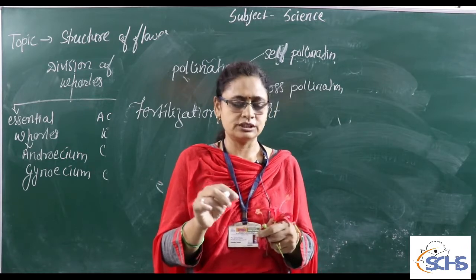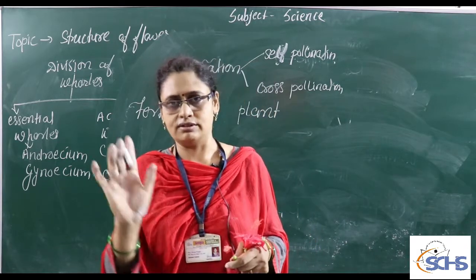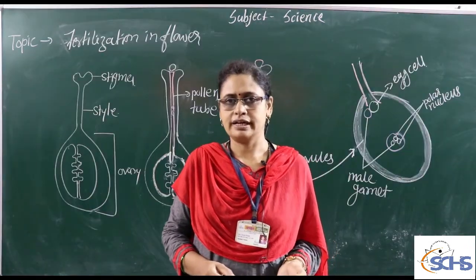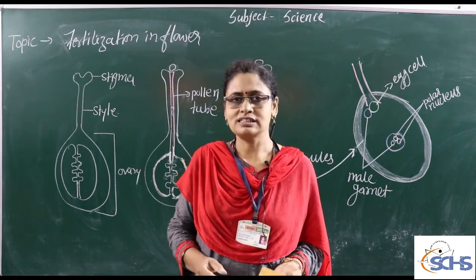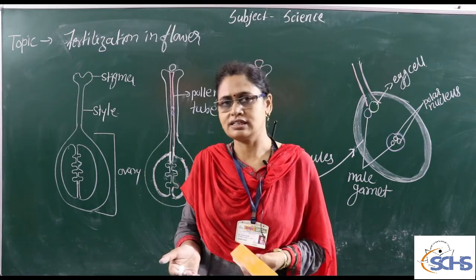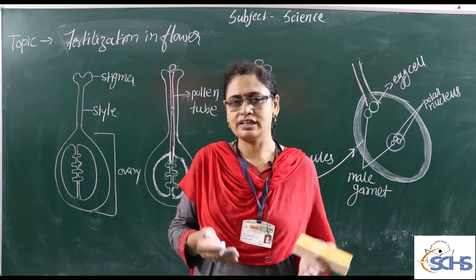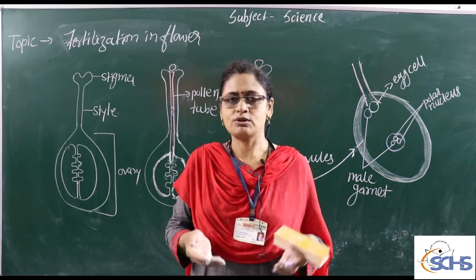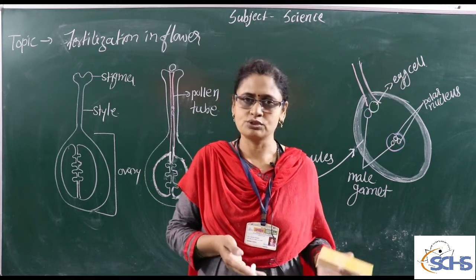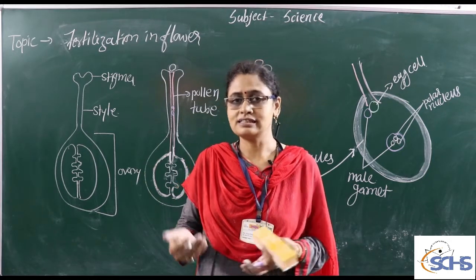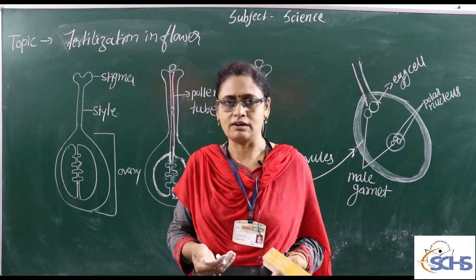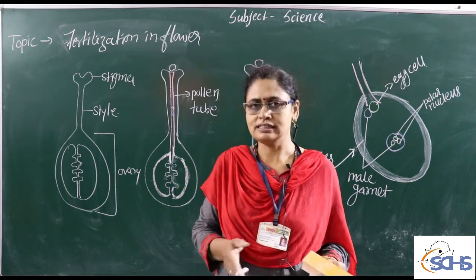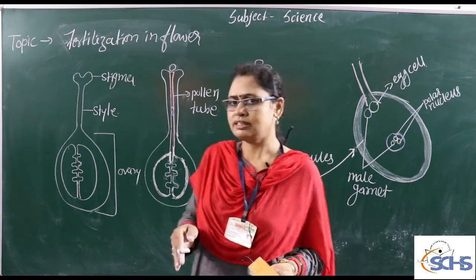The reproduction process is carried out by the flower. I explained the structure of the flower, and which one is the essential whorl and which is the accessory whorl. In the essential whorl we see the androecium and gynoecium. Why are they essential? Because they participate in the process of reproduction, and the accessory whorl does the protection of the flower. We all studied that process, and you know about that.